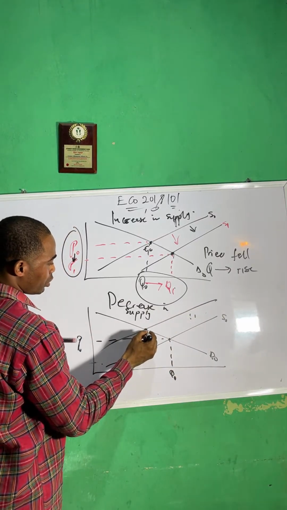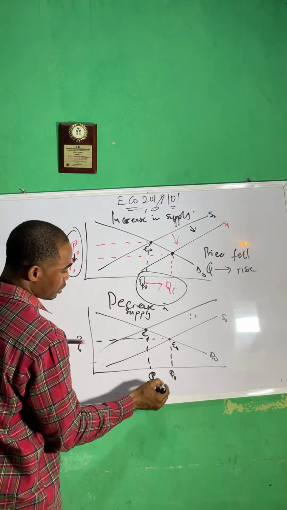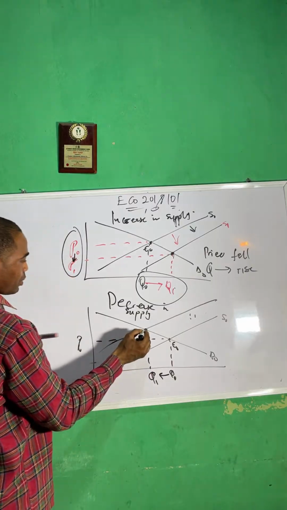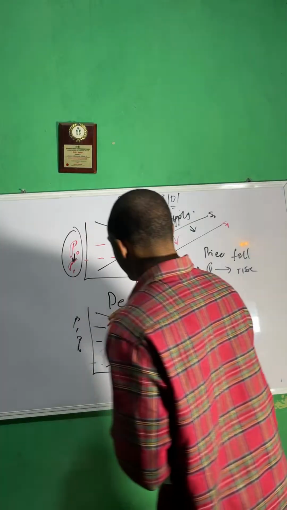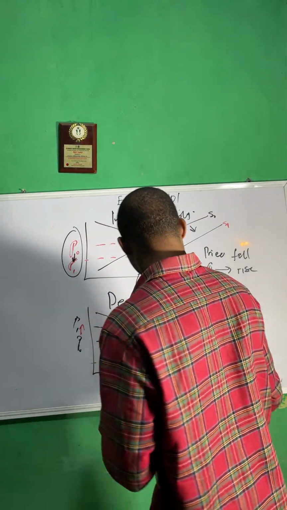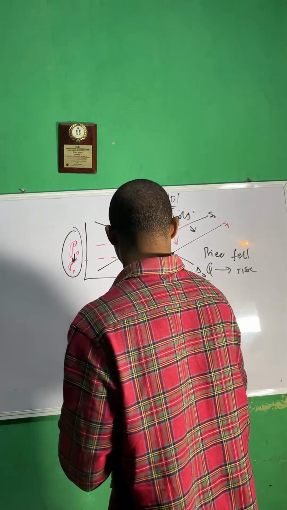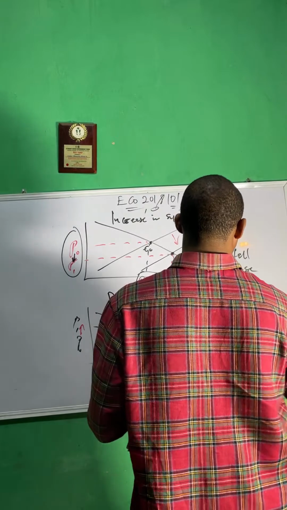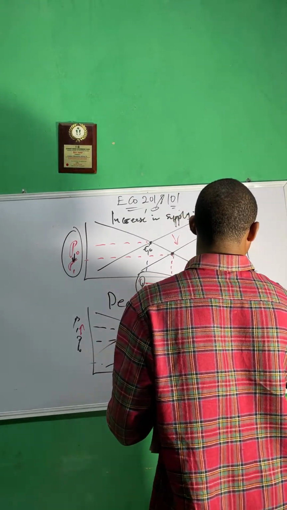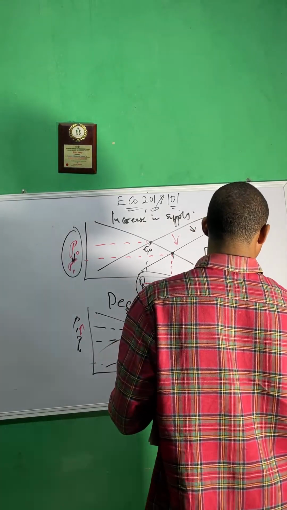This one will now be E1, this one is EO. So what will happen to quantity? Quantity will fall and price will rise. So here my price will rise and quantity will fall.